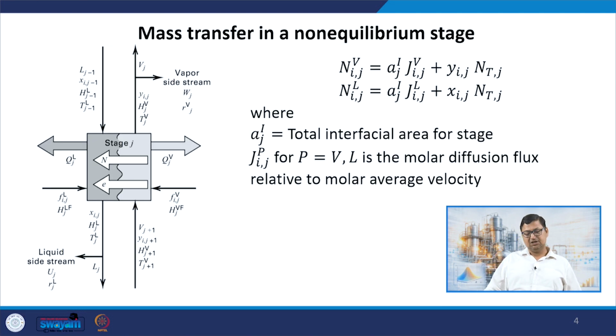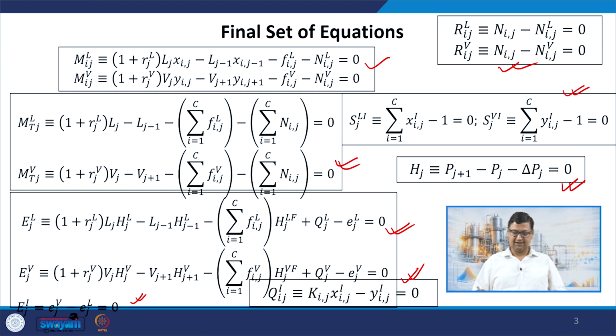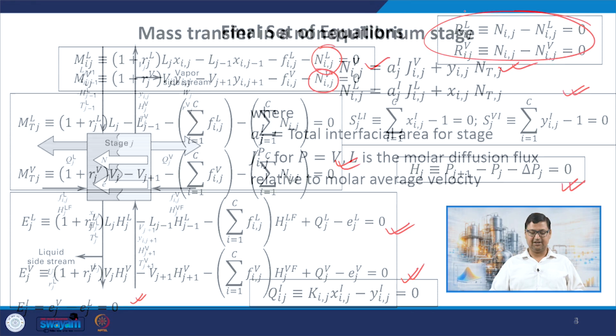All right. So, let us look at the first thing here, that is the mass transfer within a non-equilibrium stage, right. So, we had introduced net mass transfer rate N_ij in our equations, N_ij^L and N_ij^V for the liquid and vapor, which has to come from this mass transfer rate equation.